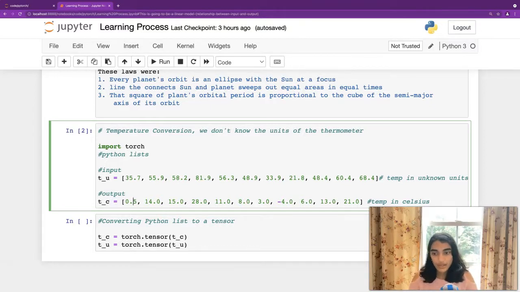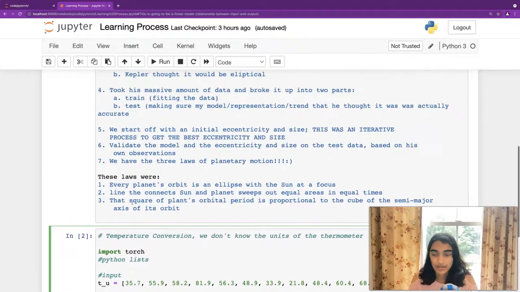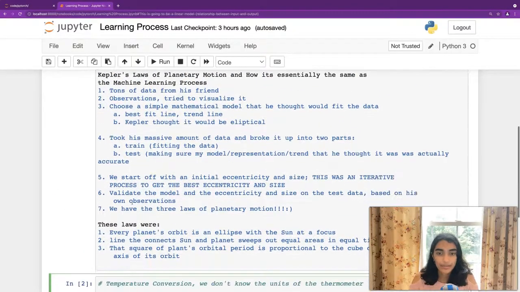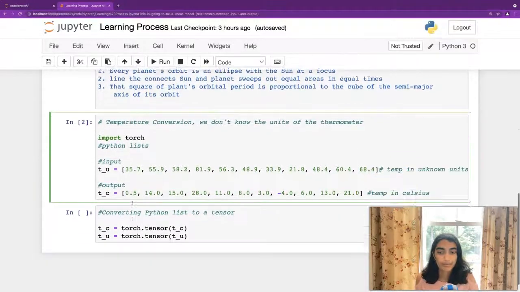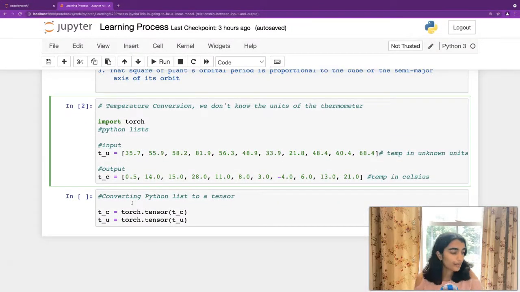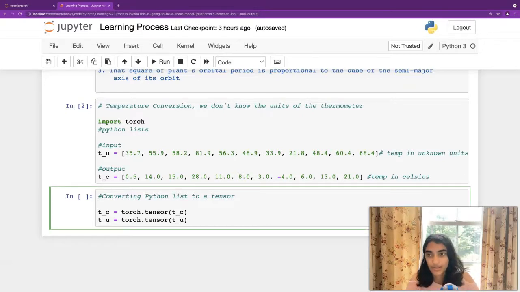But like Kepler, we can just pretend that it might be something and just roll with it and train it based on that. And also we know that it's linear because I made this data up and it's not real. So let's pretend that a linear model was the first try.